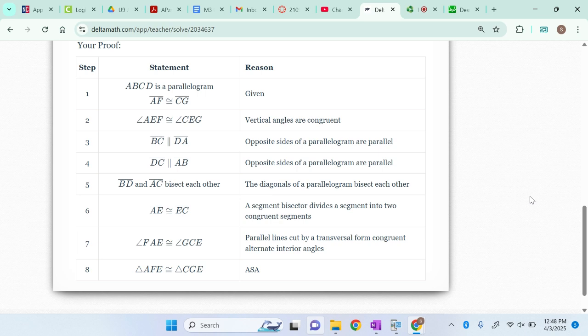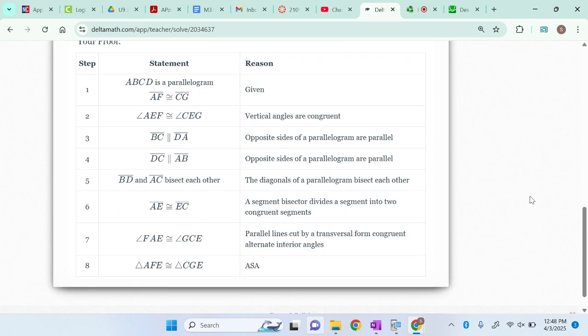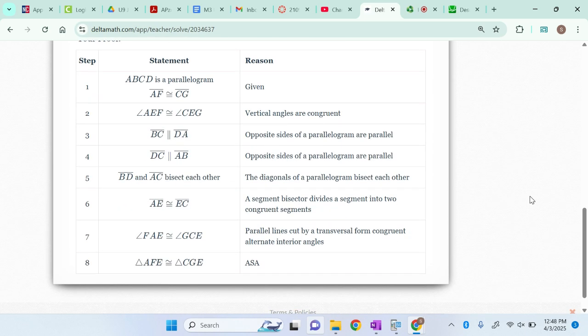Dang, why is it not working? That's what I said. I'm putting the right thing and it's not working. Guys, I'll give you credit for it either way. We did it together as a class. I don't care if it's perfect. Dang, it won't let me submit number 7, and it is typed in correctly.